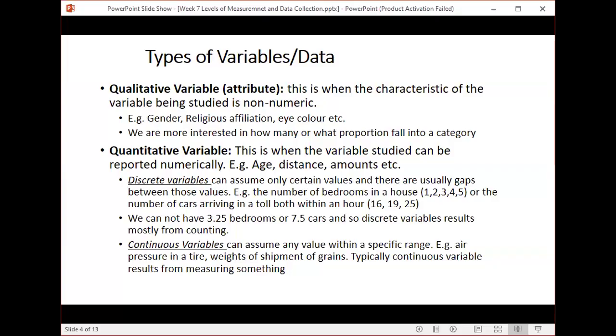So let's get that clear. We have quantitative discrete variables and we have quantitative continuous variables. Okay, so continuous variables normally result from measuring something.